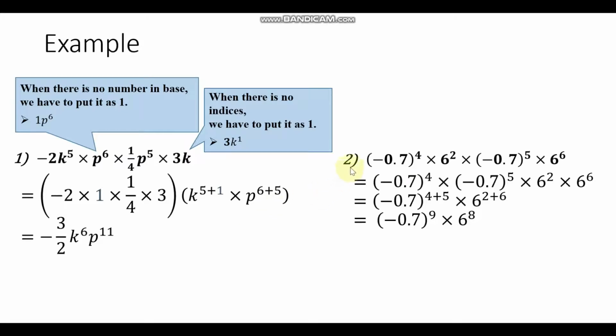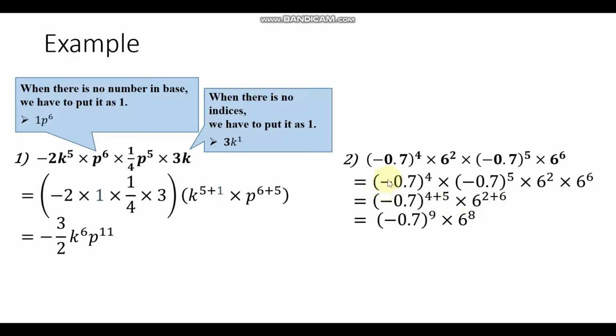For the second question, we have negative 0.7 to the power of 4 times 6 to the power of 2 times negative 0.7 to the power of 5 times 6 to the power of 6. For this question, first we have to rearrange the numbers according to the same base.